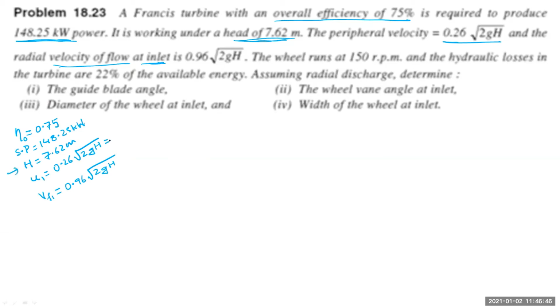You can substitute this value and tell me the answer. Tell me what you are getting for U1. 0.26 into root under 2 into 9.81 into H, capital H is your 7.62. Substitute this value in your calculator and tell me the answer.